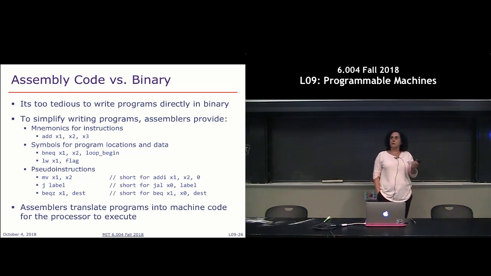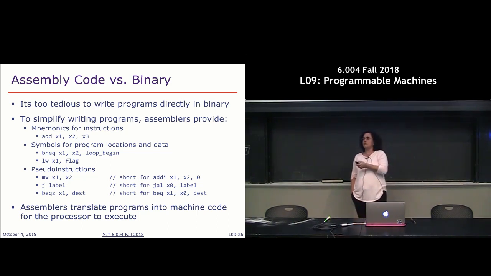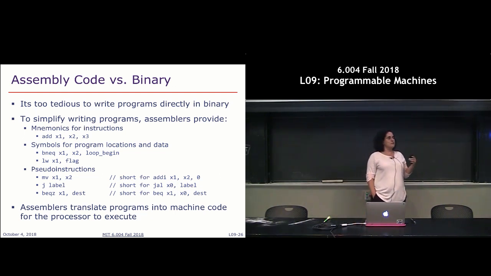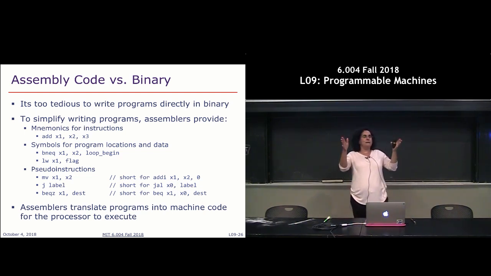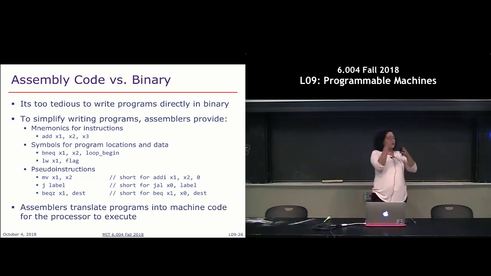And we have a special program called the assembler, which is going to convert this mnemonic to the binary representation. The assembler also does two other things. One is that for things like branches or memory locations, it allows us to use a label, and it'll figure out what that immediate constant needs to be in order to get to the correct location in memory.